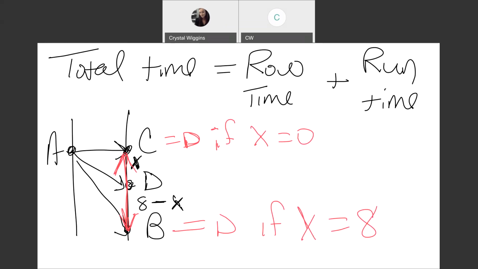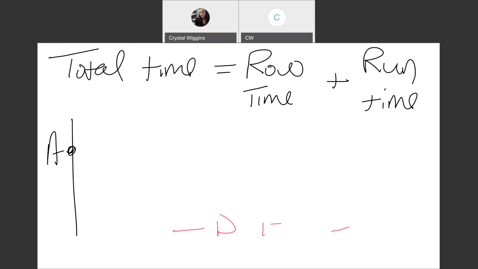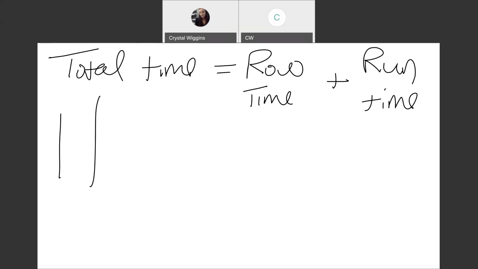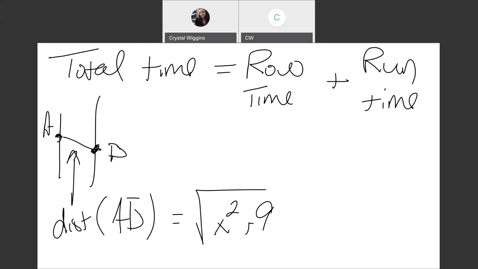We need to now come up with this row time. And this row time, we're talking about rowing from A, and we just said that we can come up with all three scenarios by talking to D. So row time is that hypotenuse in the picture. So if we are talking about A to D, recall the distance from A to D was the Pythagorean theorem, square root of x squared plus 9.